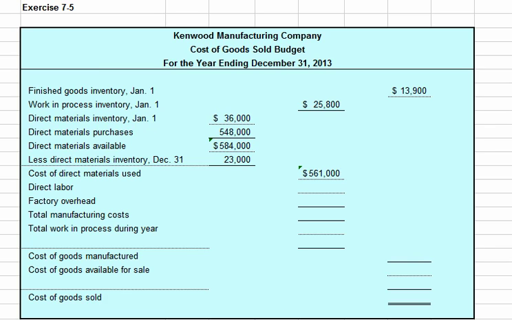Okay, they give us our direct labor cost. That's the estimate for the year, $395,500. Our factory overhead estimate for the year is $481,000.